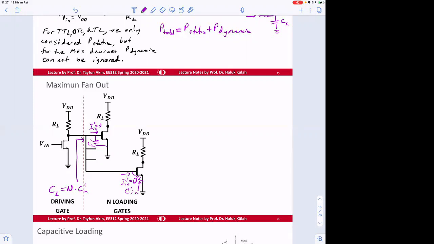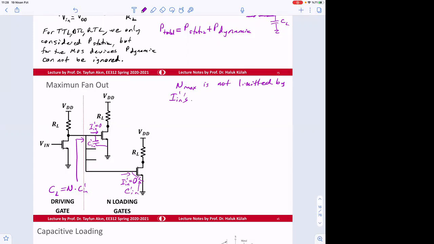So the N max is not limited by I on prime.